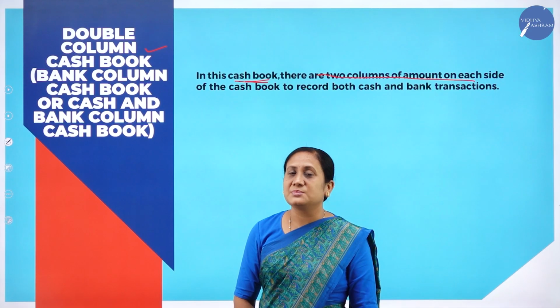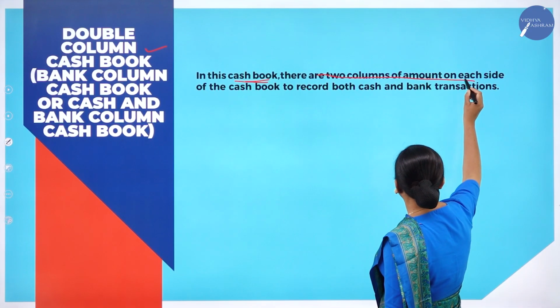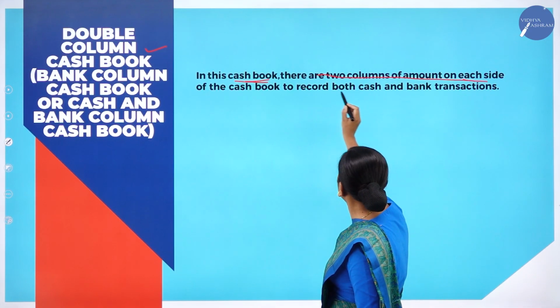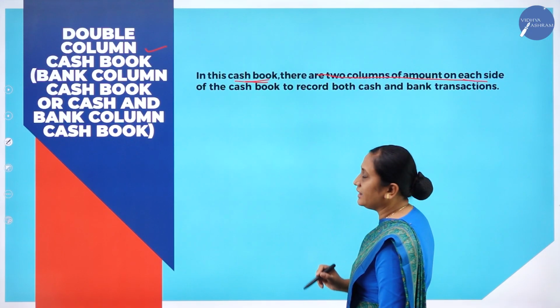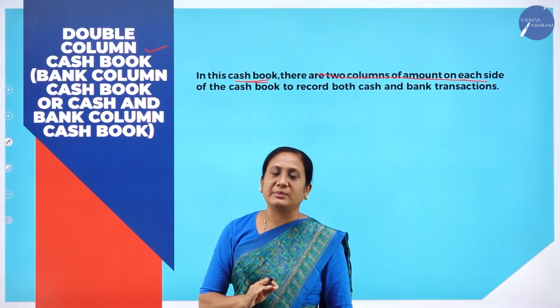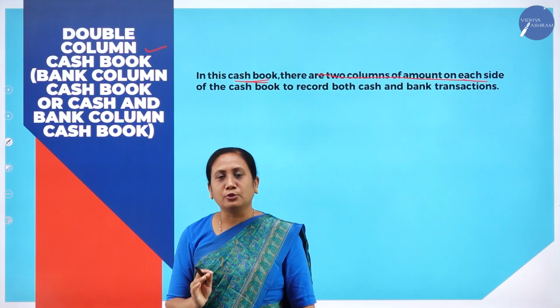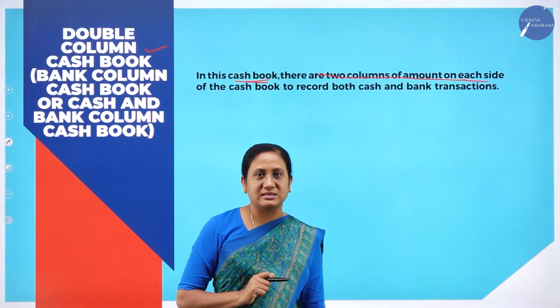There will be two columns, cash and bank column, on both the sides, that is, both debit side as well as credit side. On the debit side also two columns will be there, and on the credit side also two columns will be there to record all cash and bank transactions.